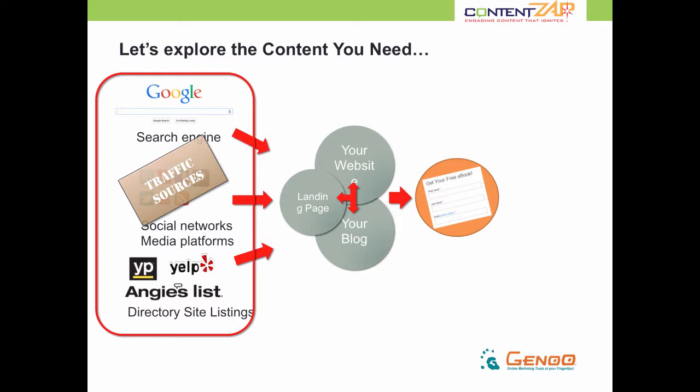Those are media platforms. You also are going to want content that will go out to your Twitter feed and your LinkedIn profile and your Facebook page, the social networks where your content revolves around you, around your brand, because people know the brand, they know you, they're going to see your content.